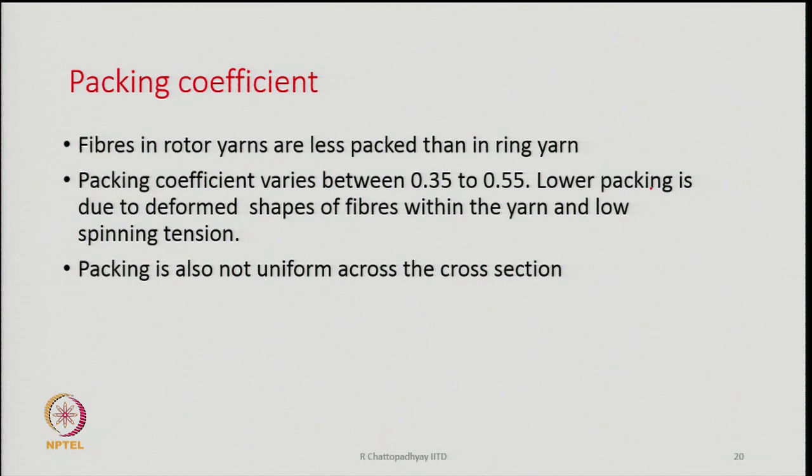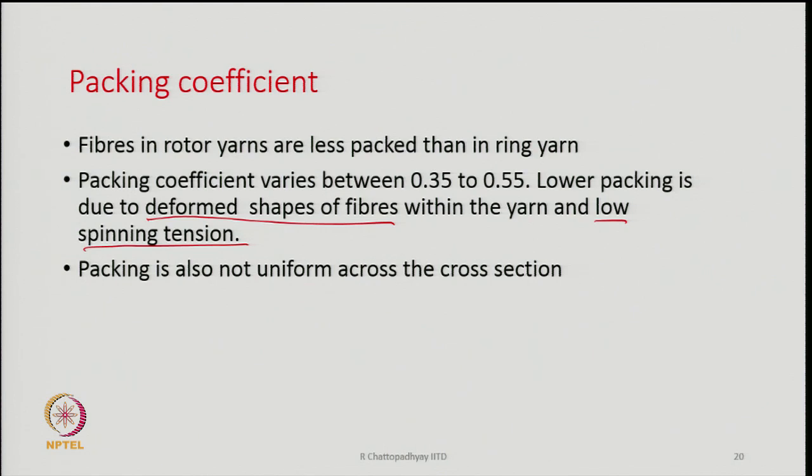Lower packing is due to the deformed shape of fibers within the yarn and low spinning tension. The tension under which the yarn is spun, that is the tension at the yarn formation point, is less in comparison to the tension that the fibers experience in the delta zone of ring spinning.